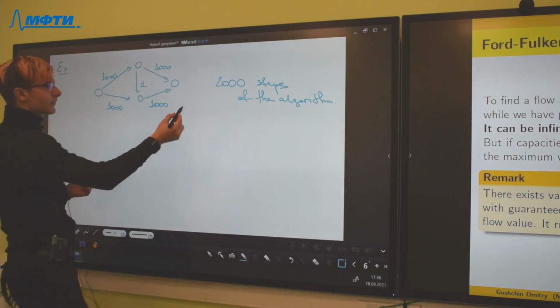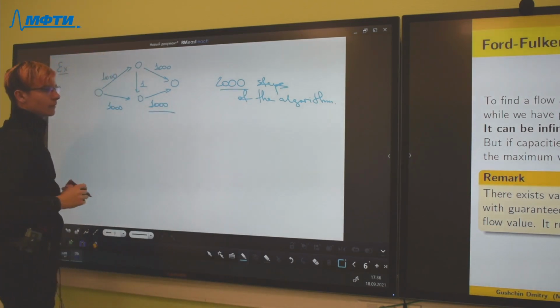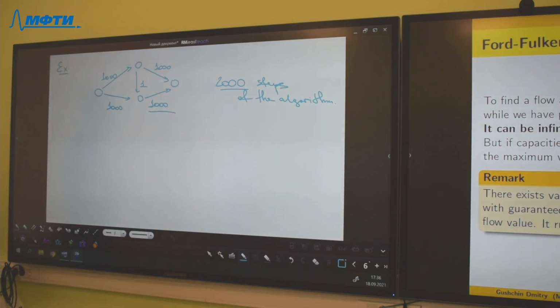Yeah, it is of course because of the big capacity of the edges. Okay? Do you understand this? No? Why is it equal to 2000 steps?